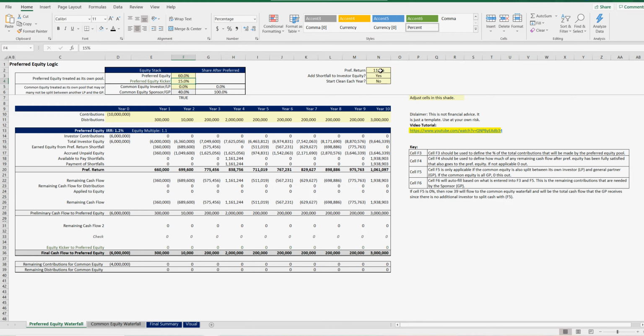In this preferred return, the shortfall can be added if there wasn't enough in a given year, and it'll roll over. Also, you could have it start clean each year. So some nice logic there.